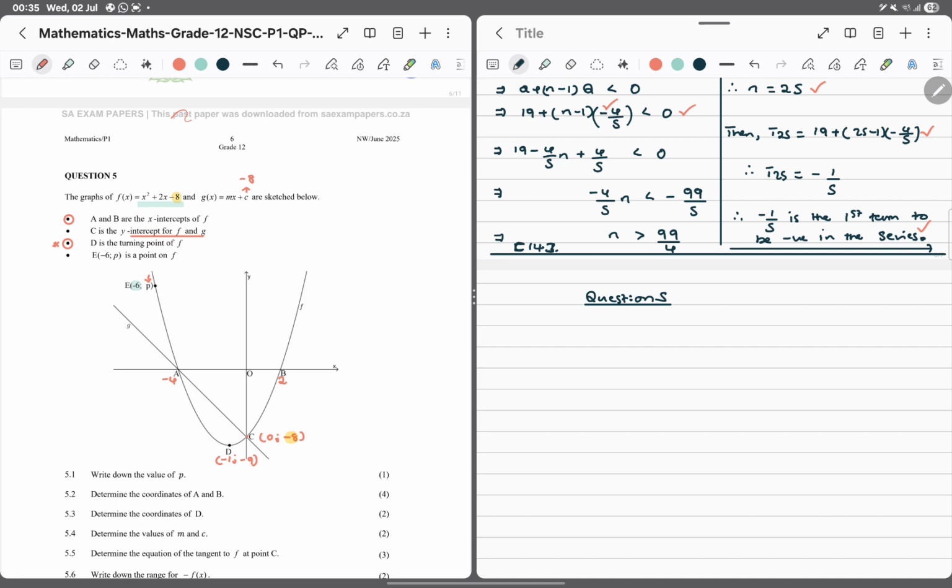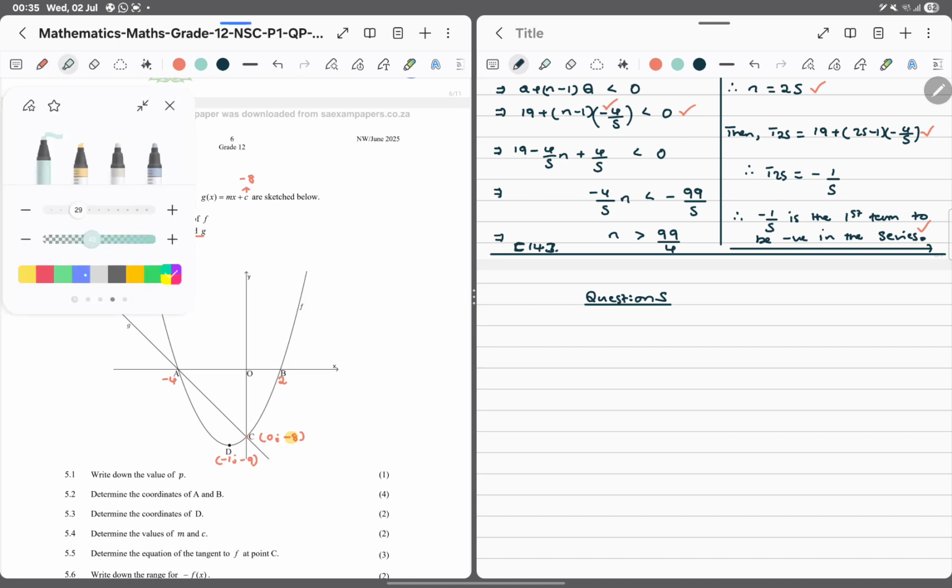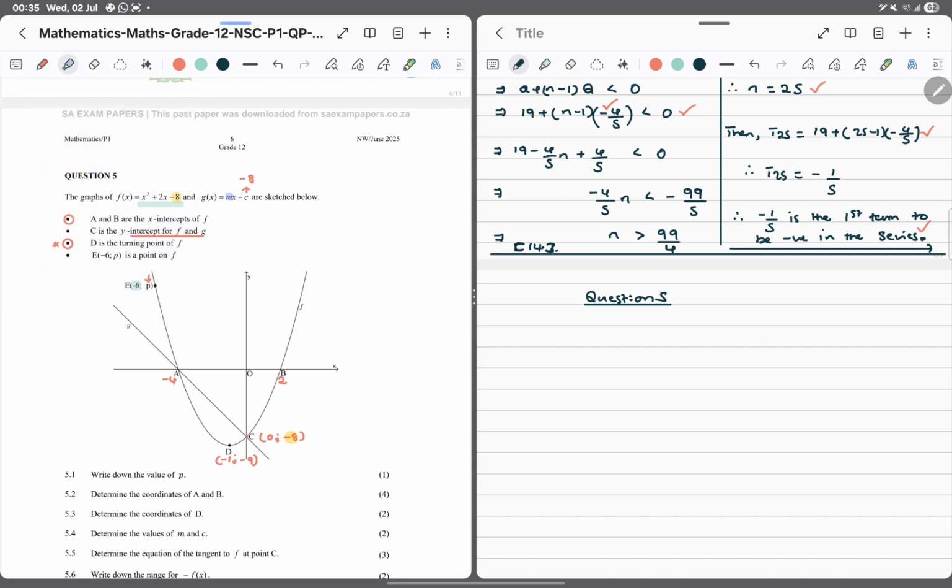So our task here is just to find the gradient, which we can because we've got 2 points. We've got C and A. So it means we are ready to do our business here. So we can go for it. 5.1, write down the value of P, answer only. So it means we need to substitute the minus 6 into the original.